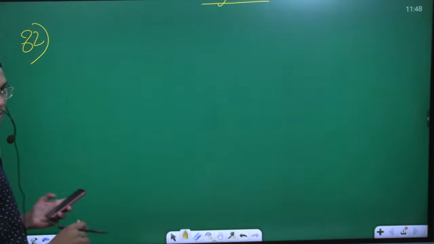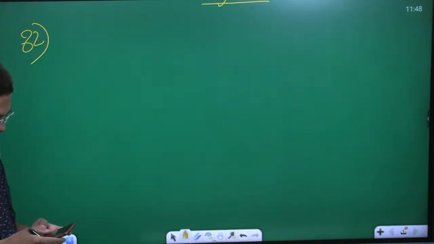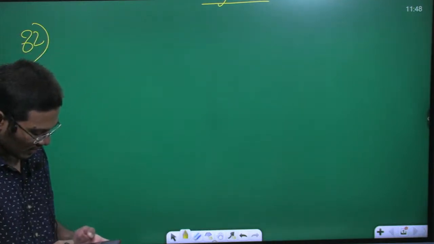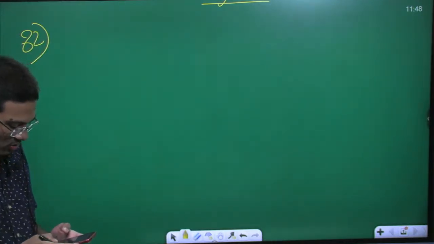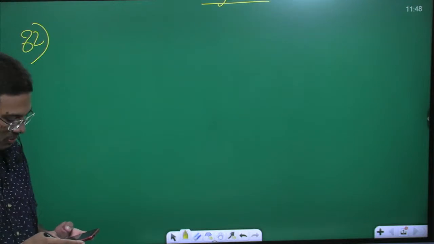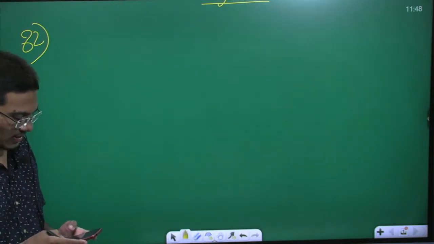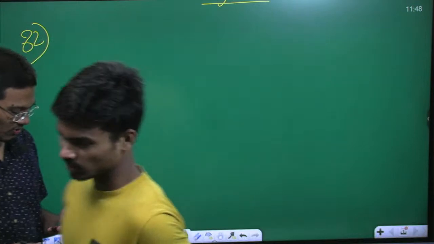Question 82, hope the same is the number with you as well. The question says that a car is moving in a straight line and is brought to rest with a distance of 200 meters and the time taken is 10 seconds. Find the initial speed of the car.